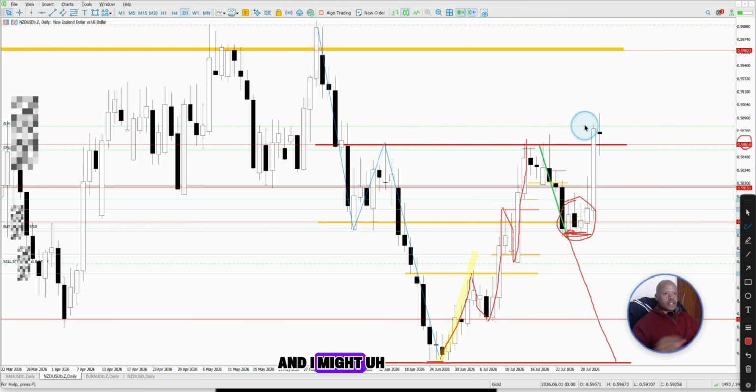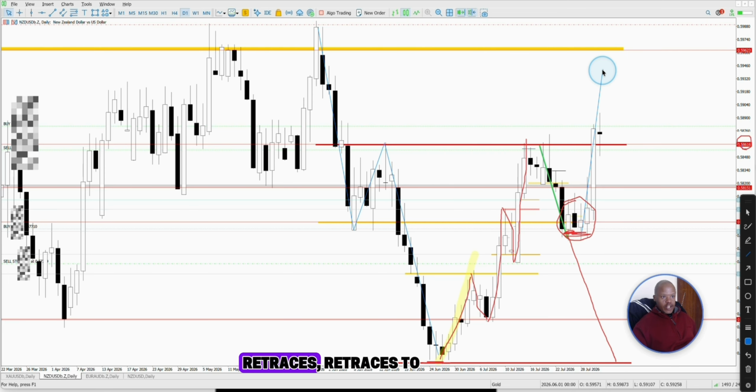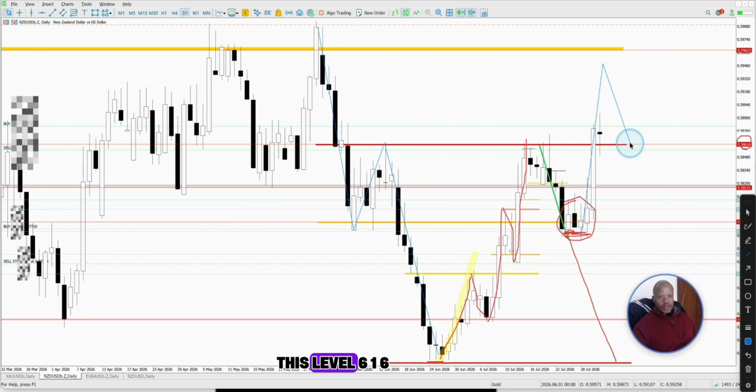And I might go long if the market retraces to this level, 616. I don't want to go long right here, because this is still the process of breakout. The market is still breaking this level, so I don't wanna go long right here.